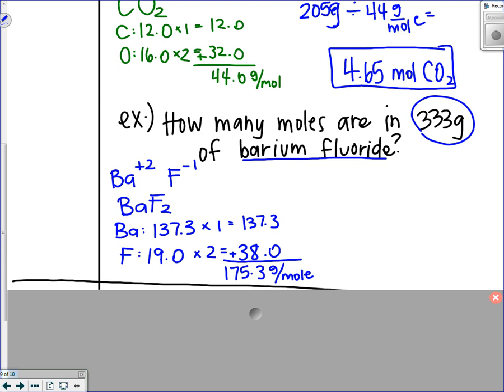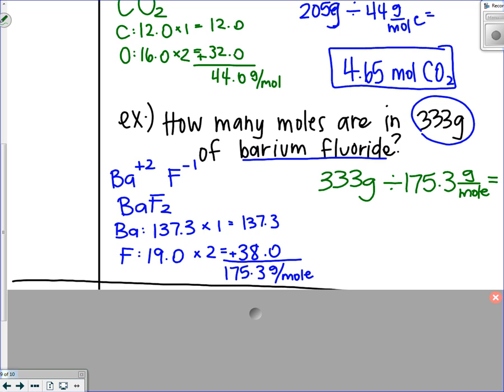So now we have the molar mass. We need to take the number of grams and divide that by the molar mass. So the problem tells us that we have 333 grams. So we're going to take that and divide it by 175.3 grams per mole.